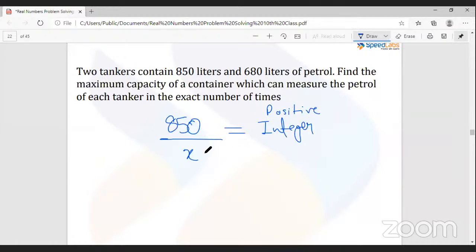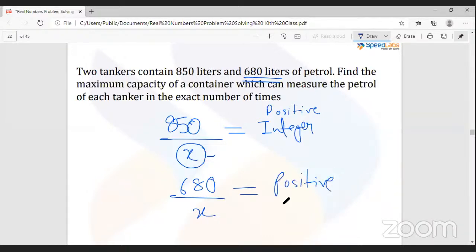What is x here? X here is a factor of 850, right? It is not a multiple of 850. X is a factor of 850. And likewise, same condition. We have to find some number so that it exactly divides 680 liters of petrol. So here also a positive integer comes. So this is also a factor.